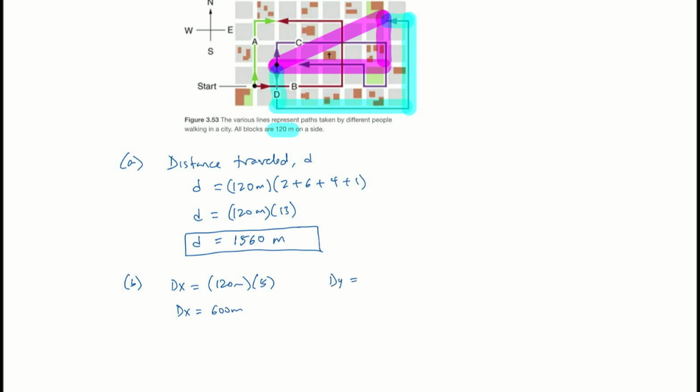The y component of path D is going to be the 120 meters, and that is going up 2 blocks. So the y component of D is 240 meters.